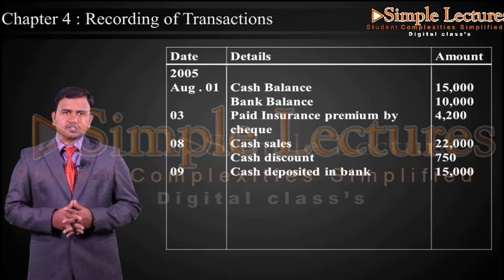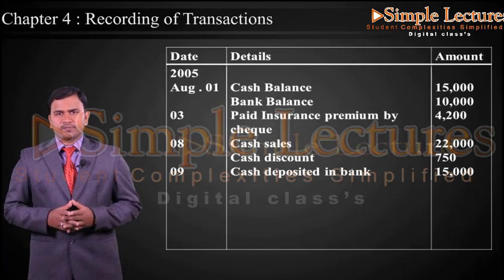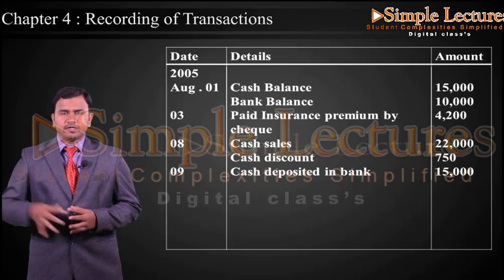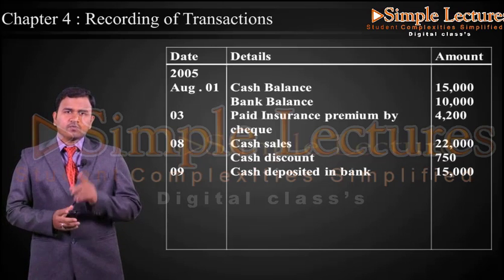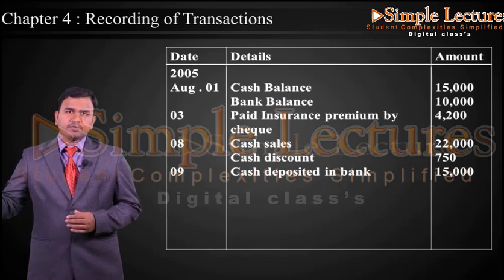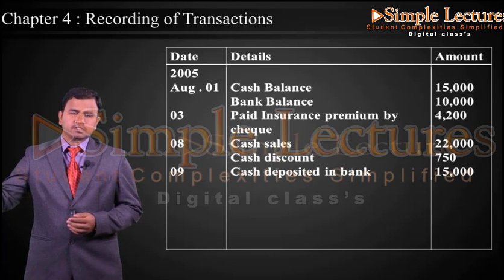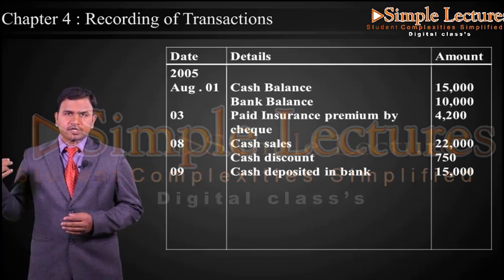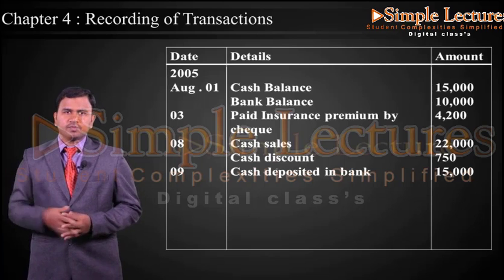What is the transaction here? When we are depositing 15,000 in the bank, the cash will be deducted, and on the other side, the bank balance should be added. So on the debit side the bank balance will be increased, and on the credit side the cash balance will be decreased.